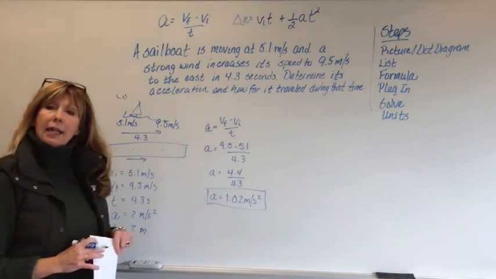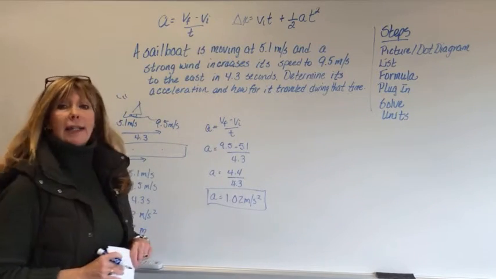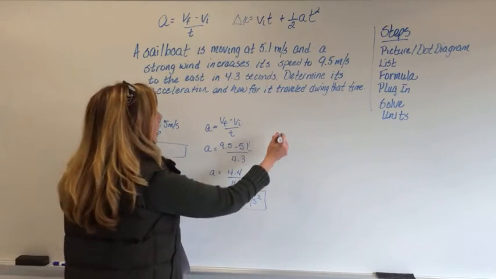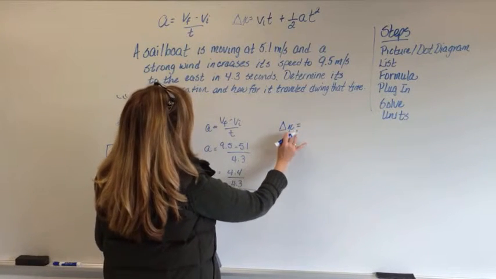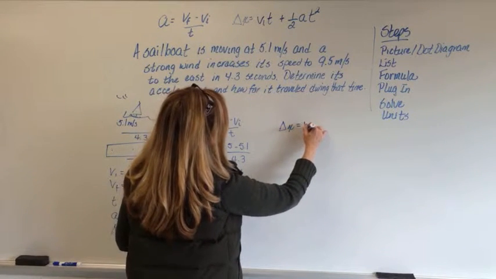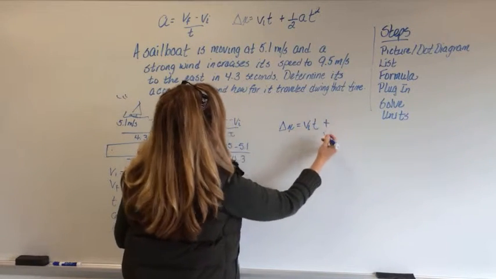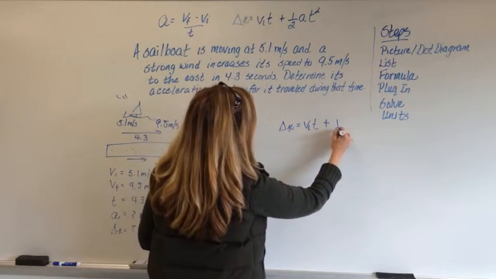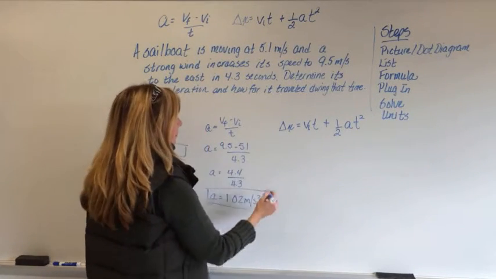We need the acceleration information in order to find out how far it traveled. Our next formula is our displacement, or our distance, equals the initial velocity times time plus 1/2 of the acceleration times time squared.